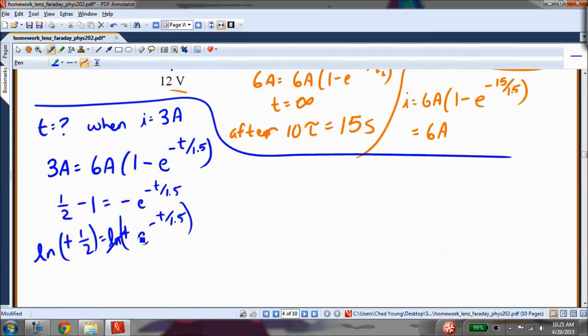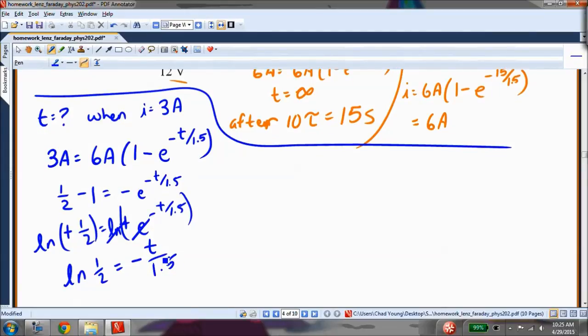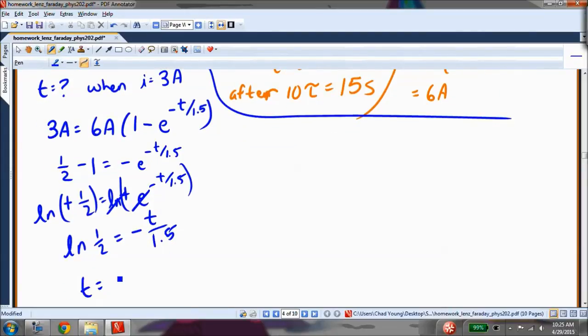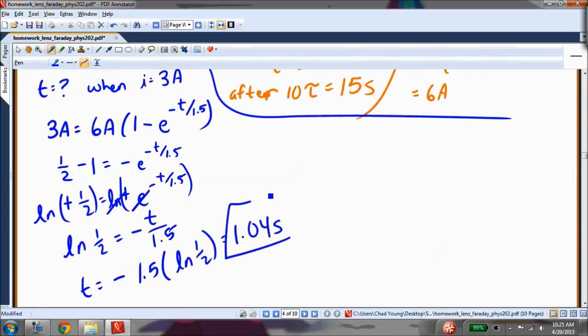The natural log on this side just gets rid of this, and the natural log of 1/2 then is equal to negative t over 1.5. And so t is equal to the negative of 1.5 times the natural log of 1/2. If you put that in your calculator, you find that's 1.04 seconds. So that's the answer. Be able to solve this equation. Make sure that you can do that.